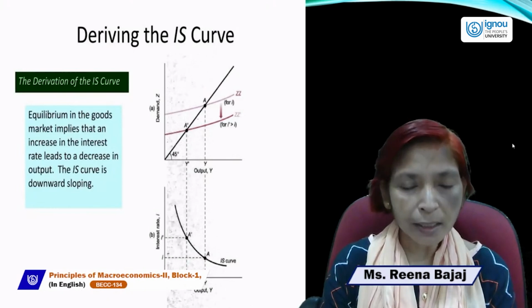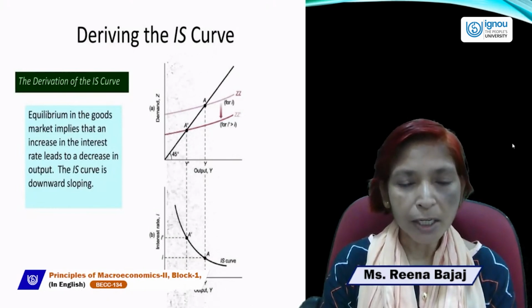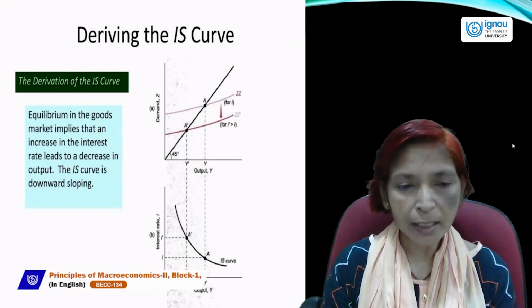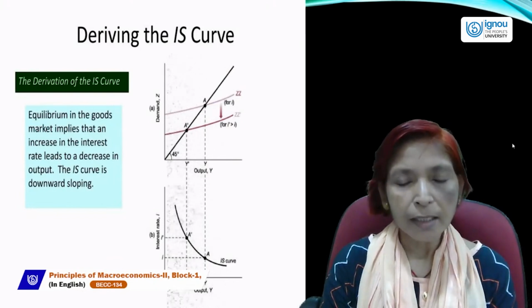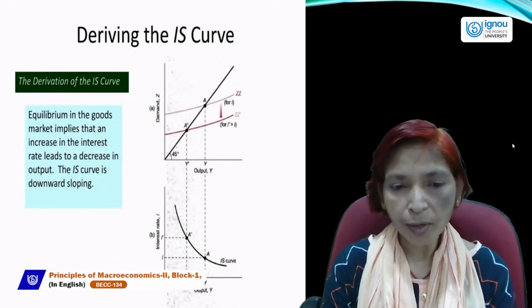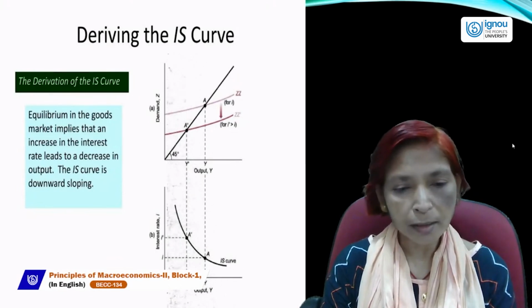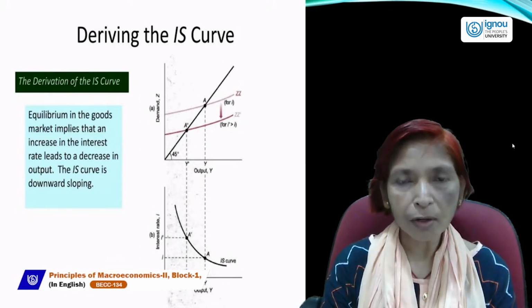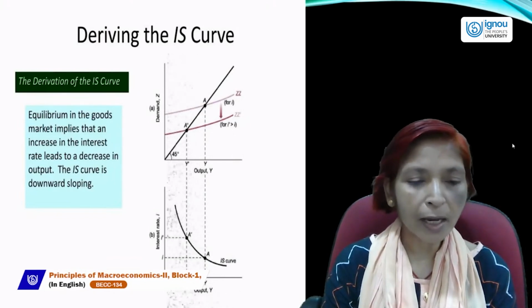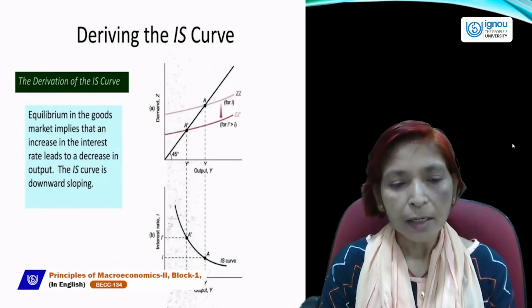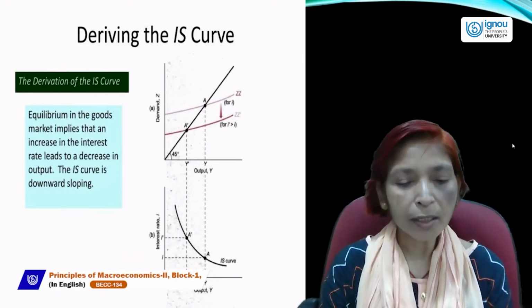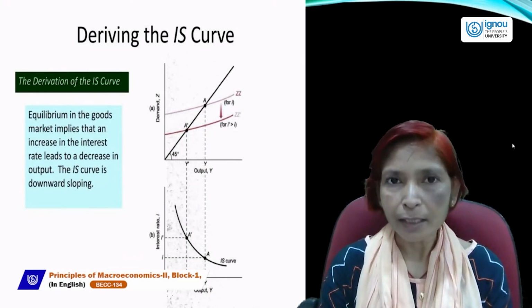Here, if we join these lines from the A dash equilibrium to the Y dash income level, and from point A, the equilibrium level of income is OY. If we join these lines to another curve, then we will get two levels of income, Y dash and Y. And here on the y-axis, we have written interest rate. Due to a rise in interest rate, income level will fall, and due to a fall in interest rate, income level will rise.